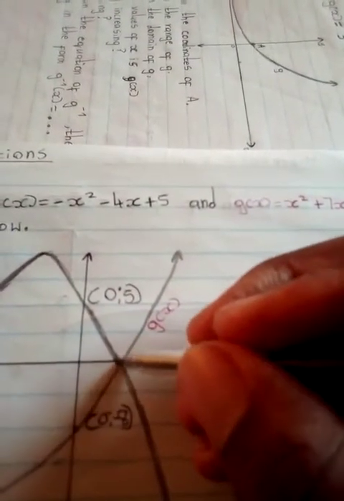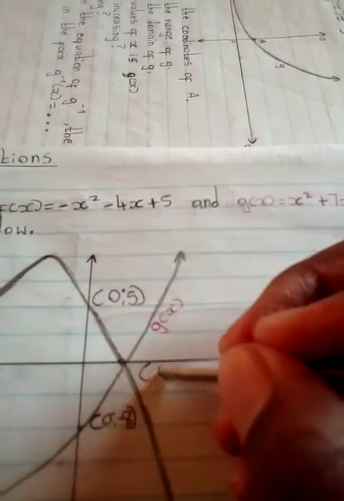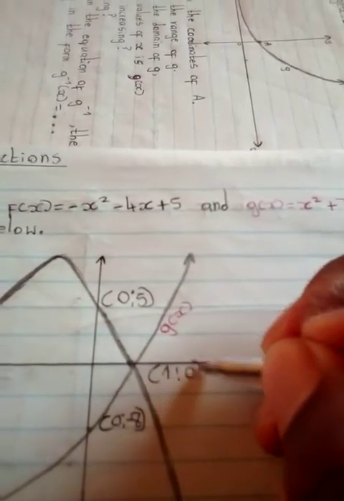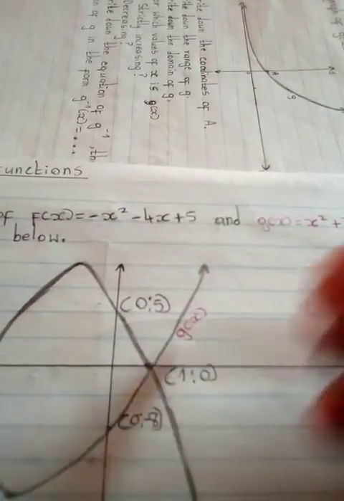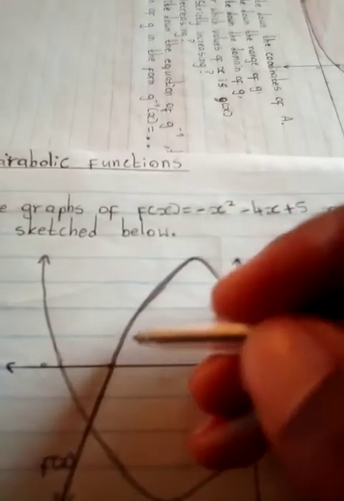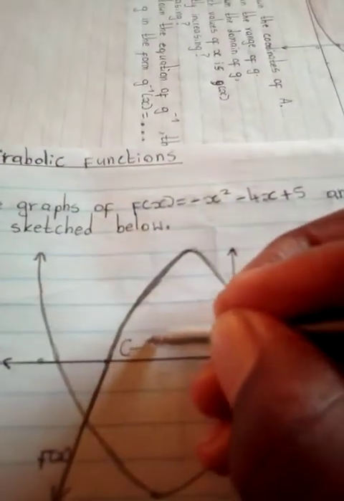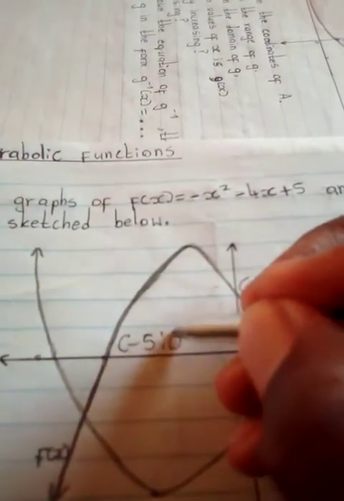This has to be (1; 0). I believe f and g have the same x-intercept. This here has to be (-5; 0), like that.